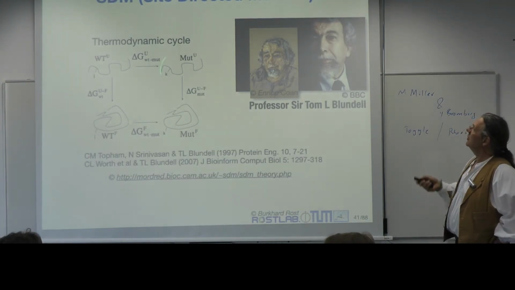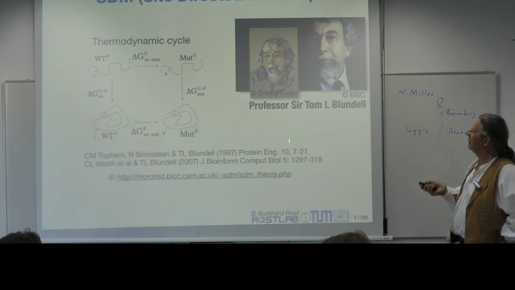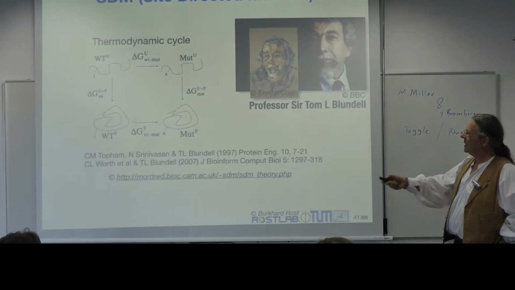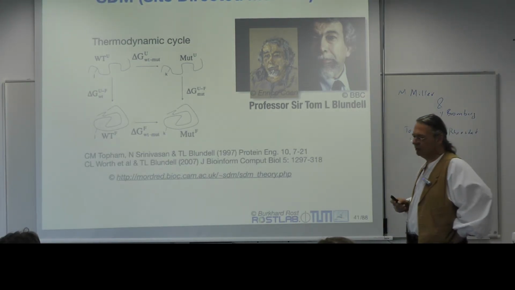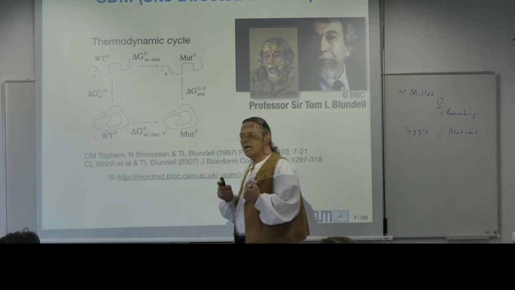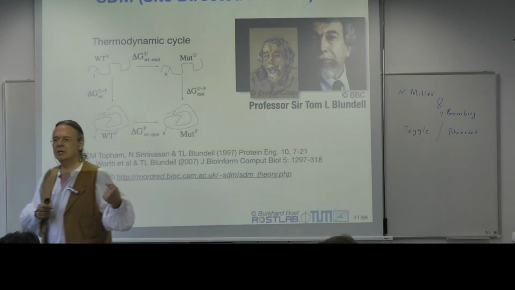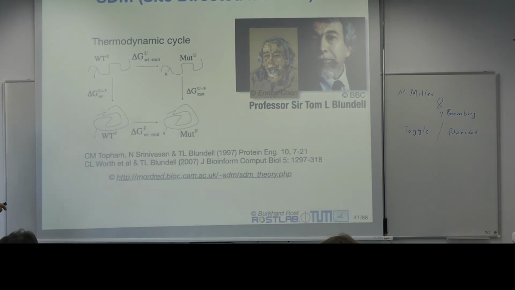So the first one here, SDM, comes from Blundell's lab, and that essentially is in the thermodynamic cycle of binding. You look at the difference that happens through the effect of sequence variance.